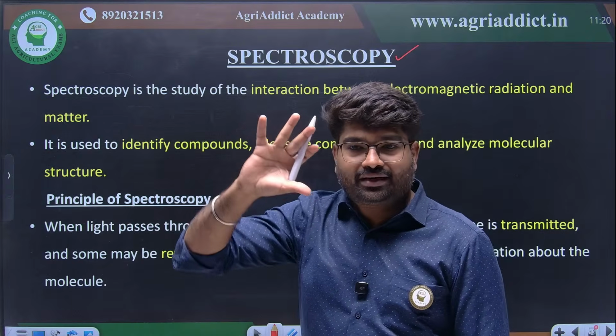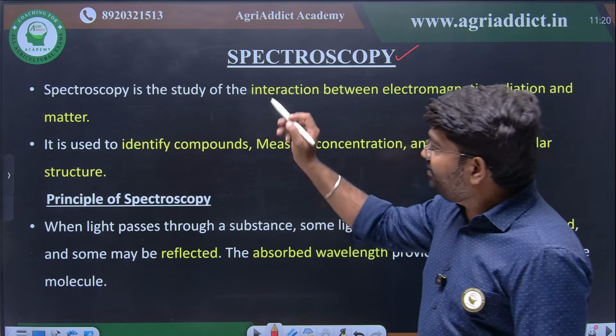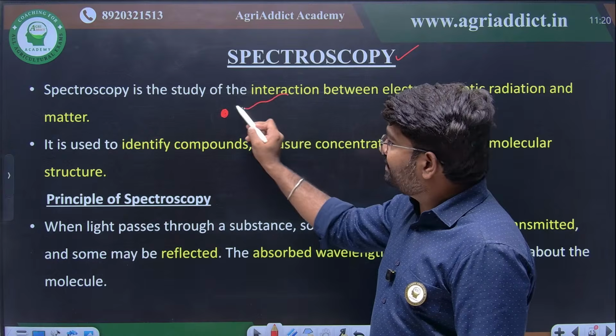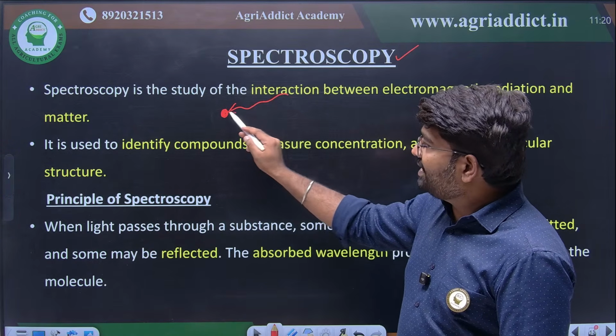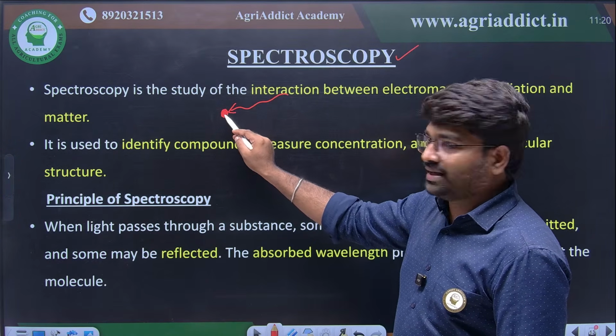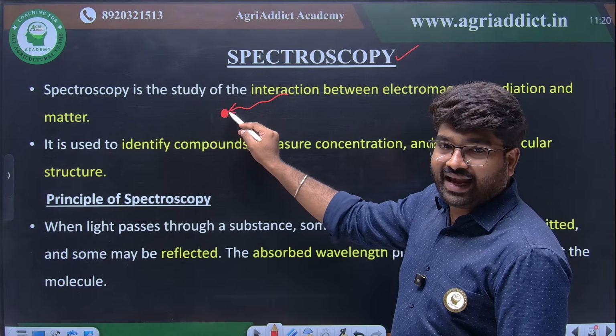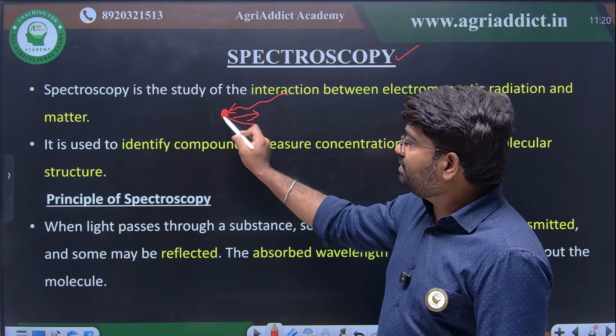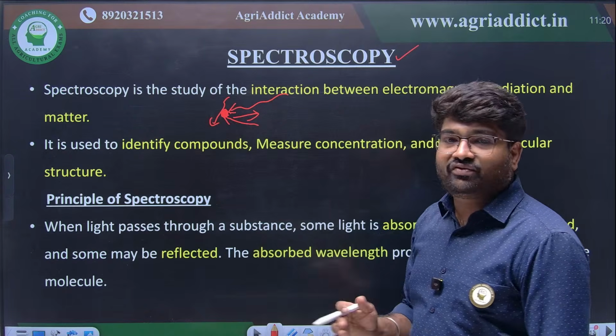Spectroscopy means what? If a molecule is there, it can interact with the light. If light interacts with matter or any molecule, the light can be reflected or absorbed or transmitted. Different phenomena will happen.